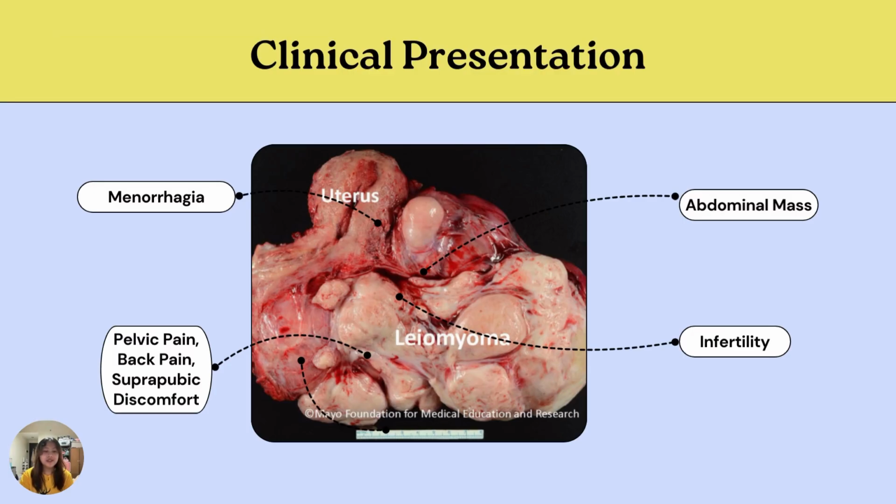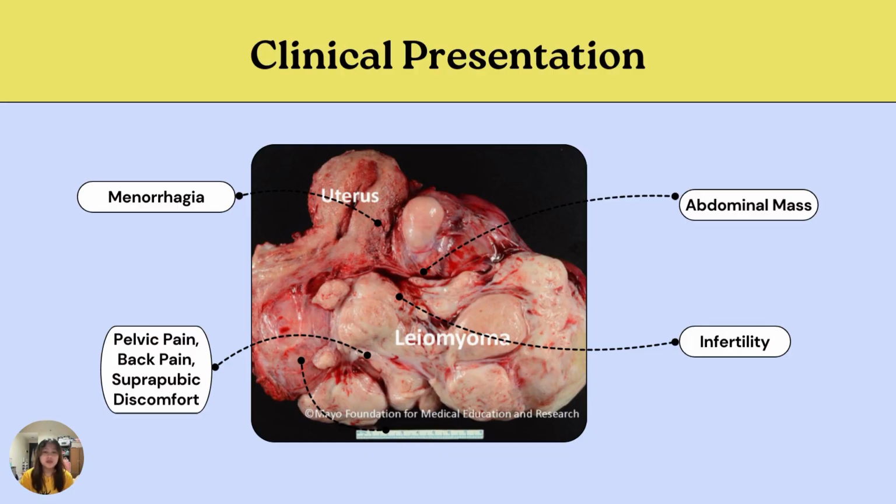Ayan. And then for the clinical presentation, ito yung mga symptoms na na-experience ng patient natin with leiomyoma. They may have pelvic or back pain and suprapubic discomfort, which is due to the pressure from the enlarged uterus.